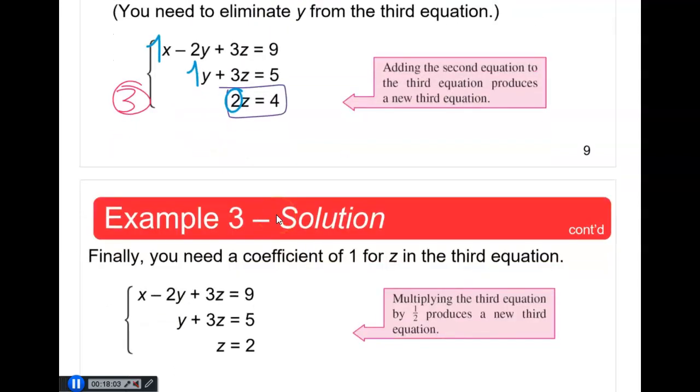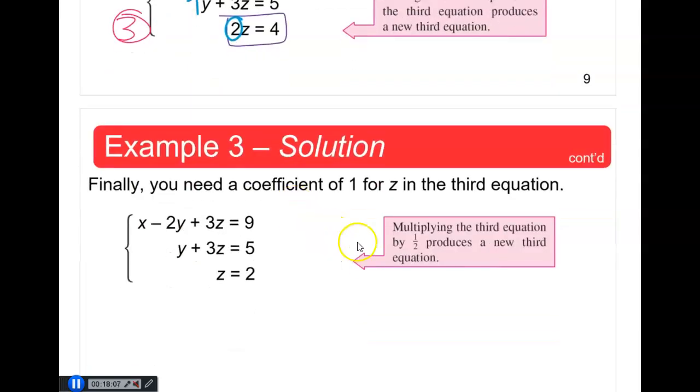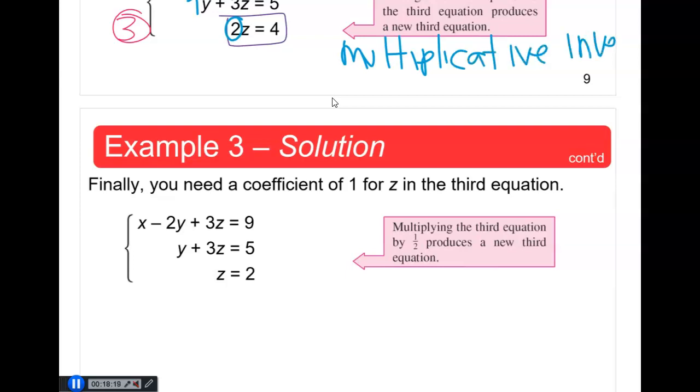So it's pretty simple because what we're going to do is multiply that equation by the multiplicative inverse. And the multiplicative inverse is not the same as the opposite. Opposite is like opposite signs. Multiplicative inverse is that number that we multiply 2 by so that we can get a 1.